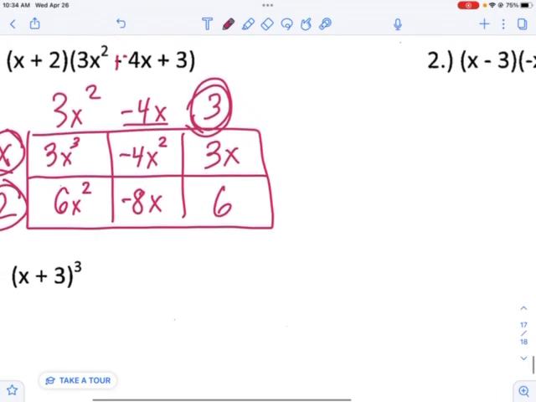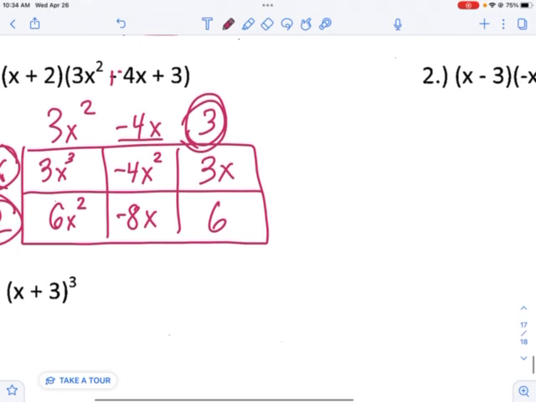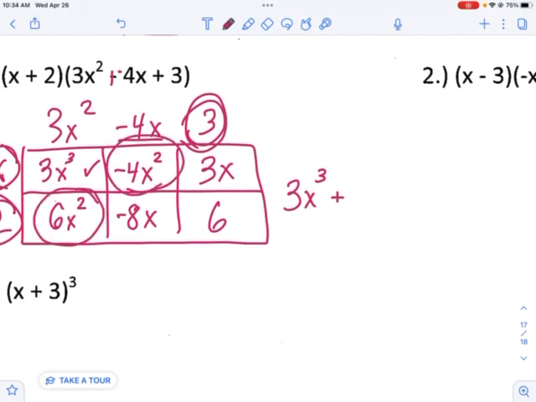So now I'm going to look within my box. Standard form, highest degree to lowest degree. I don't see anything with an x cubed to combine, so I have 3x cubed. I also can see that now I have a 6x squared and a negative 4x squared. When I combine those, I'm left with 2x squared.